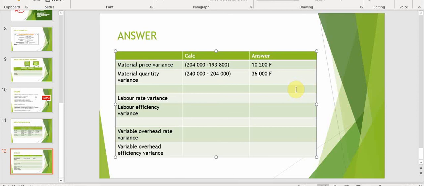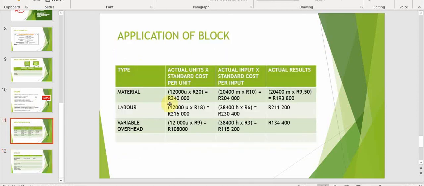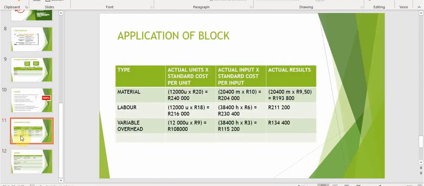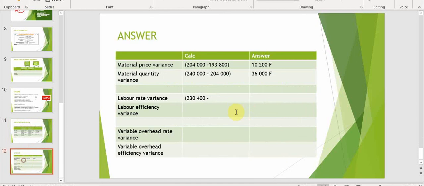We have the labor rate variance that we're going to calculate. So now we're going to repeat the process. I'm going to go to labor and I'm going to say the rate variance is then the 230,400 and I need to minus the 211,200. So I'm going to type in my calculation, 230,400 minus the 211,200.